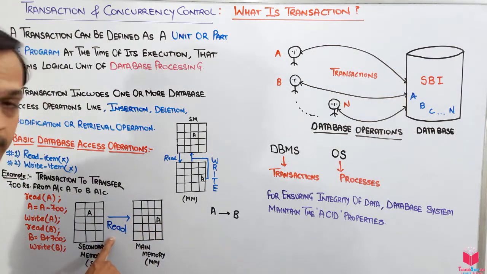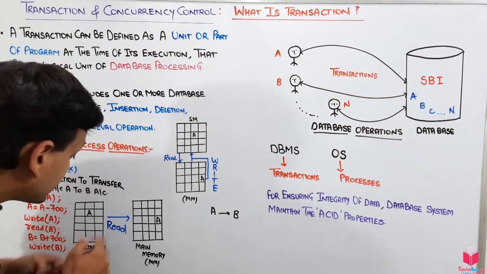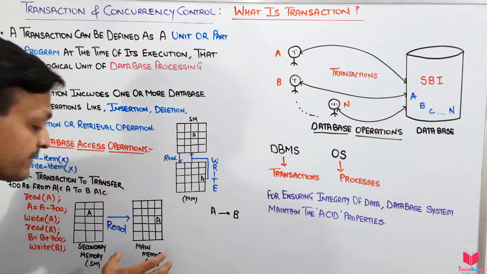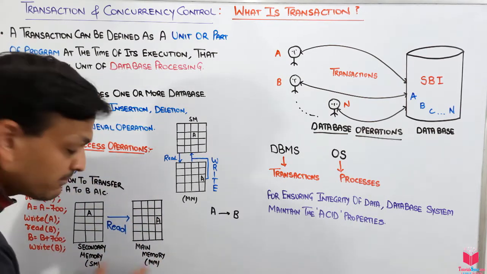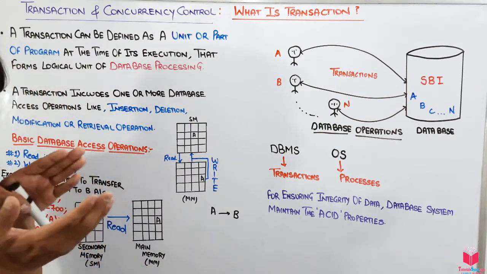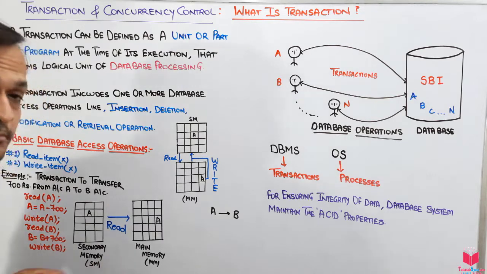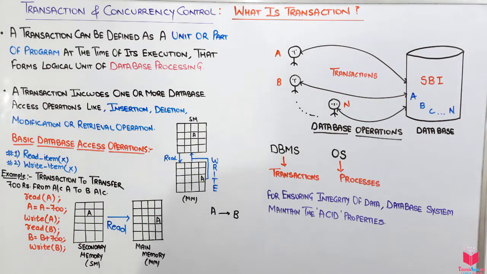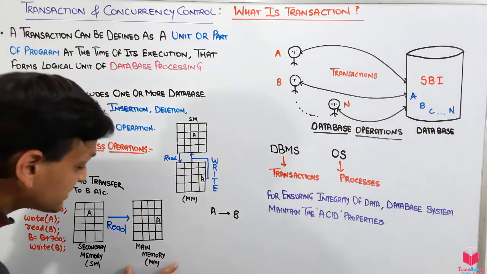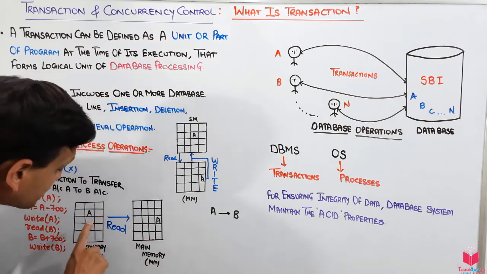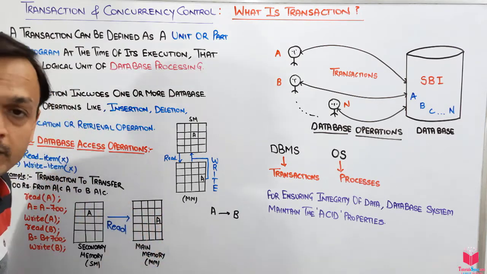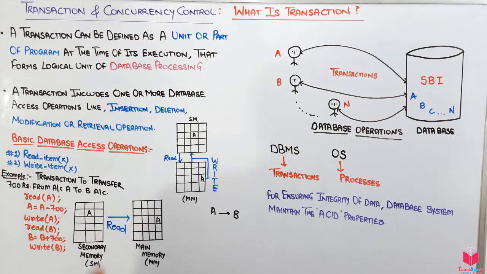We do not read from the secondary memory. This operation transfers the data from secondary memory to main memory, because the CPU cannot run directly on the secondary memory because of the speed issue, so we match the main memory speed and transfer that data to the main memory. From that we read, process, or apply other operations on that variable.